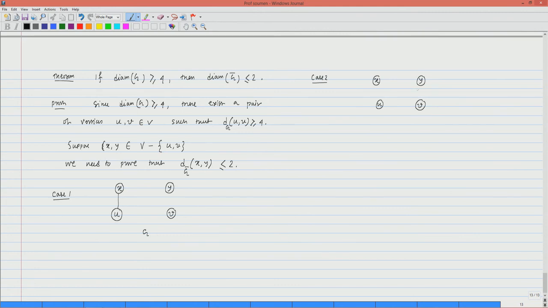So, in this case we will assume that x is not adjacent to u and v. Similarly, y is also not adjacent to u and v. The case 3 is x is here, y is here, and u and v are here.